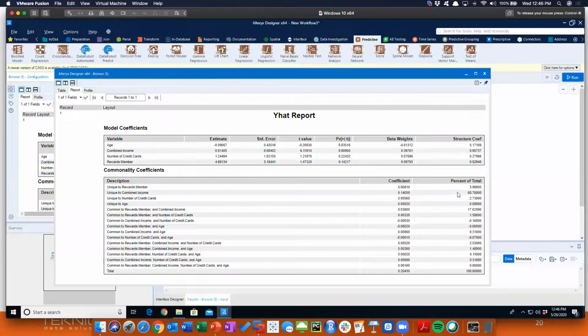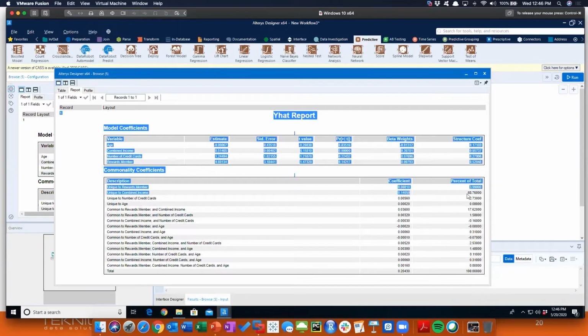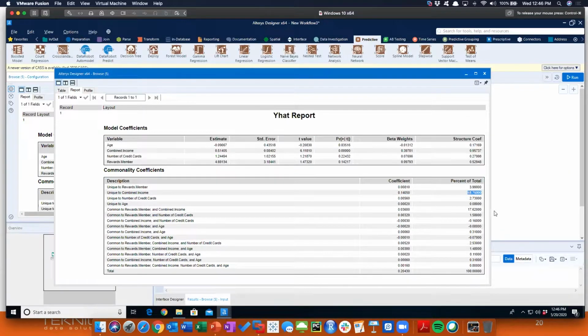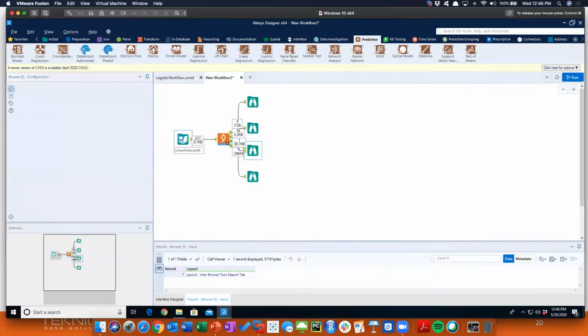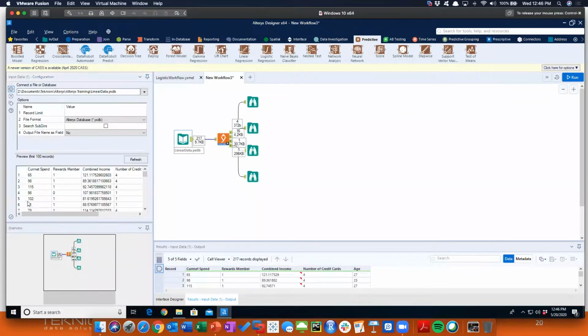This is the one that I would care about right there, the combined income: 68% of what we're explaining belongs to combined income all by itself. So that's a lot of information for me to have there. This is the type of model I would run when my outcome variable looks like this. It's continuous, this current spend variable.